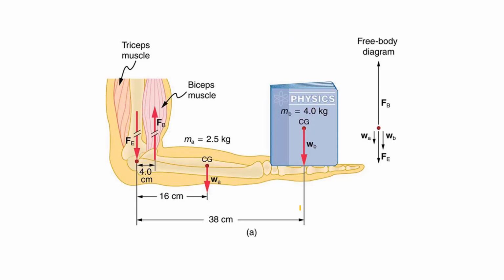Next, you can see there is a human part here, an arm, triceps muscles, biceps muscles, and it is holding a book of 4 kilograms.